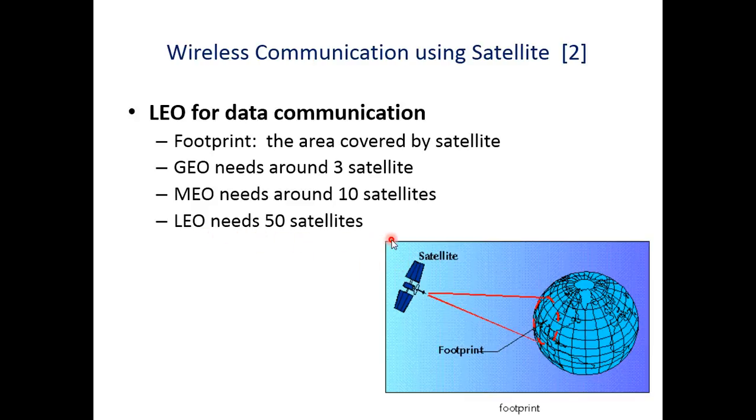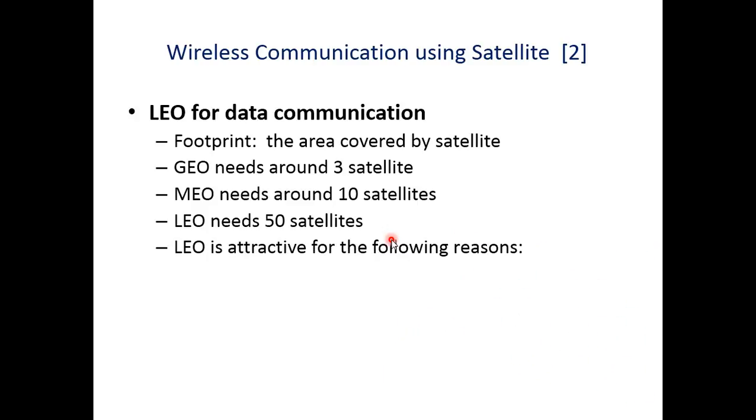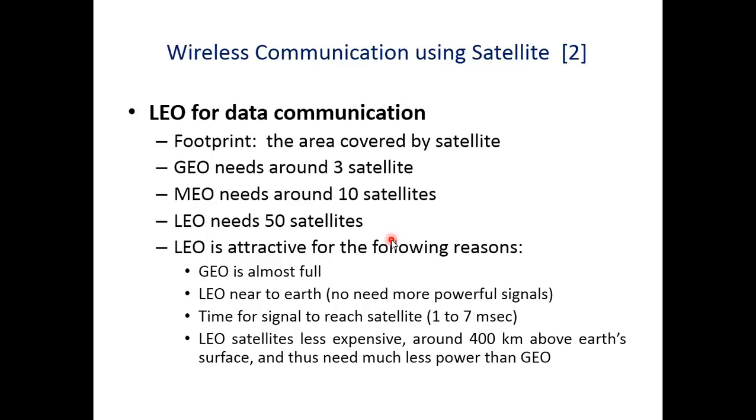But LEO is more preferable for satellite data communication. The reason is that LEO is attractive for the following reasons. One is that the GEO is almost full, so there is no further scope. Second, the LEO is nearer to Earth, so there is no need for a more powerful signal. When we want to communicate with our friend from a mobile or any such device, our signal will go up to that particular satellite.